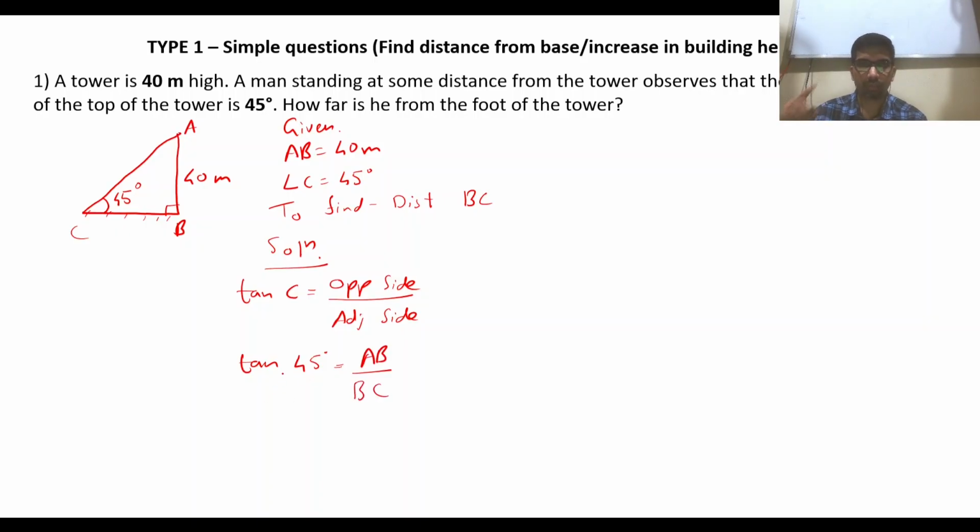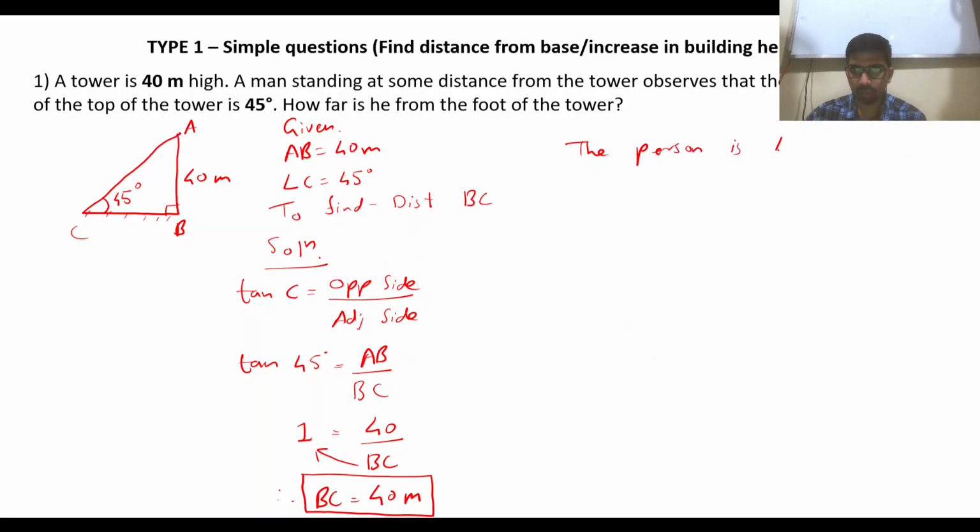The value of tan 45 is 1, AB is 40 meters and BC is unknown, therefore BC will come over here. BC into 1 is only BC, this will be 40 meters. So BC is 40 meters, so you have to write the person is 40 meters away from foot of the tower.